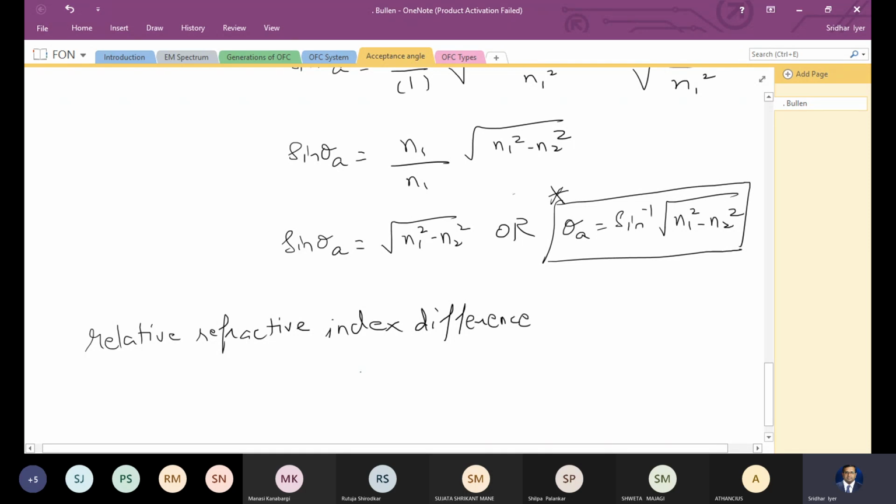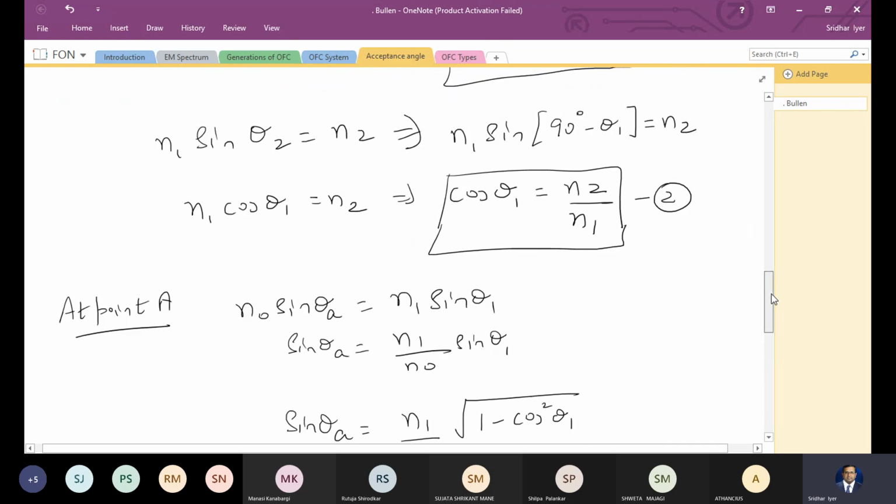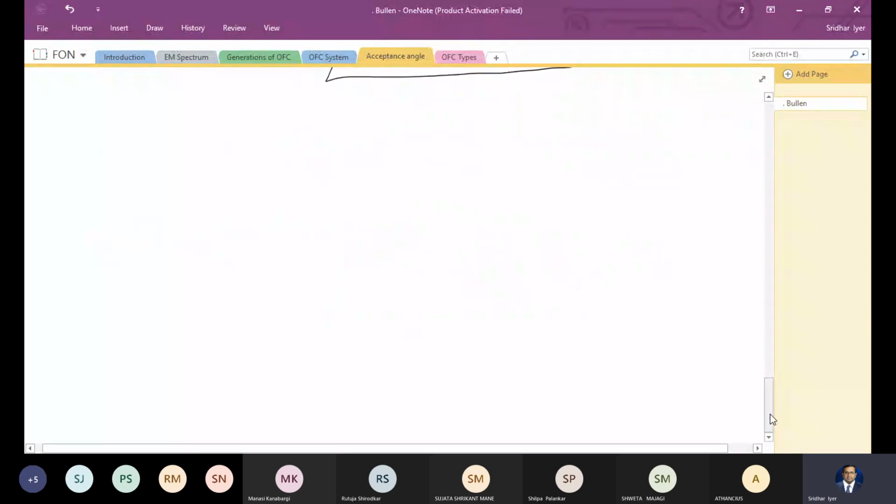We can define this as delta, which is equal to n1 minus n2 divided by n. So this will be useful for us in numericals if the index difference is given to us. Okay, so let us call this equation 3. I think we have not used equation 3 anywhere. Yeah, so that will be equation 3.